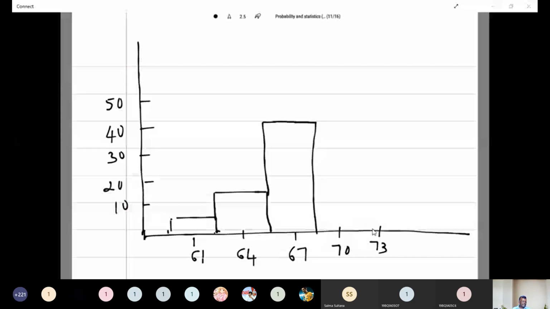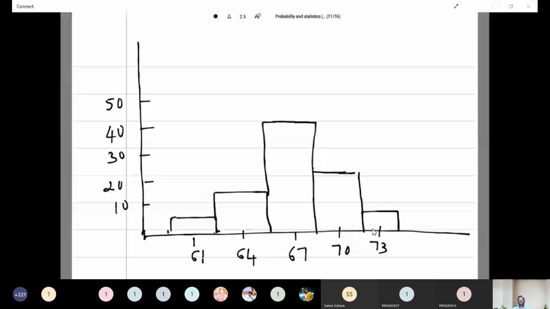Then next for 70, 27. For 73, 8. This is the histogram by taking the mid values.